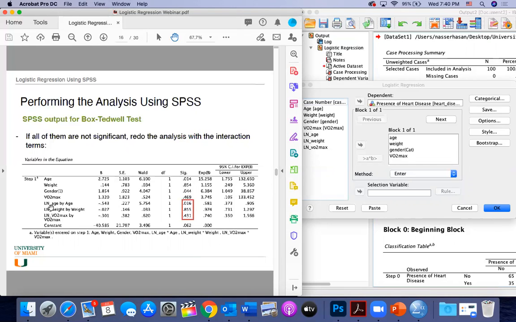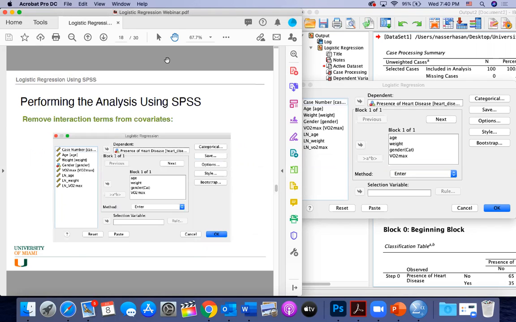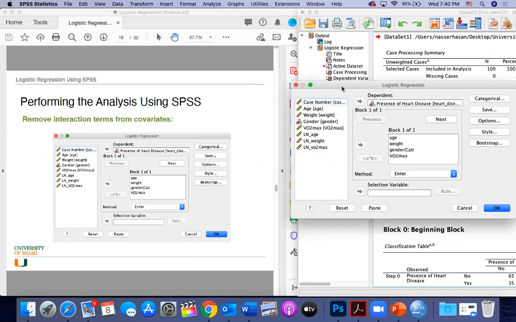Let's just wait and make sure that I answered the questions. Okay, it seems like everyone is following. So this is what the logistic regression window should look like.